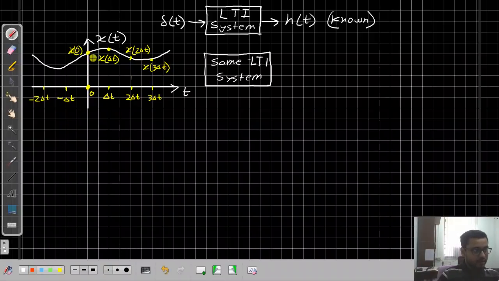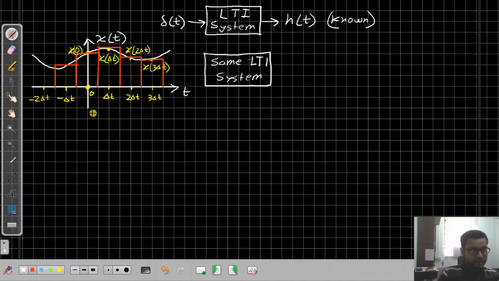Now let me slice it from here to here, one slice, then this is another slice, then this is another slice, another slice. This side also I can carry on the same way, and so on.